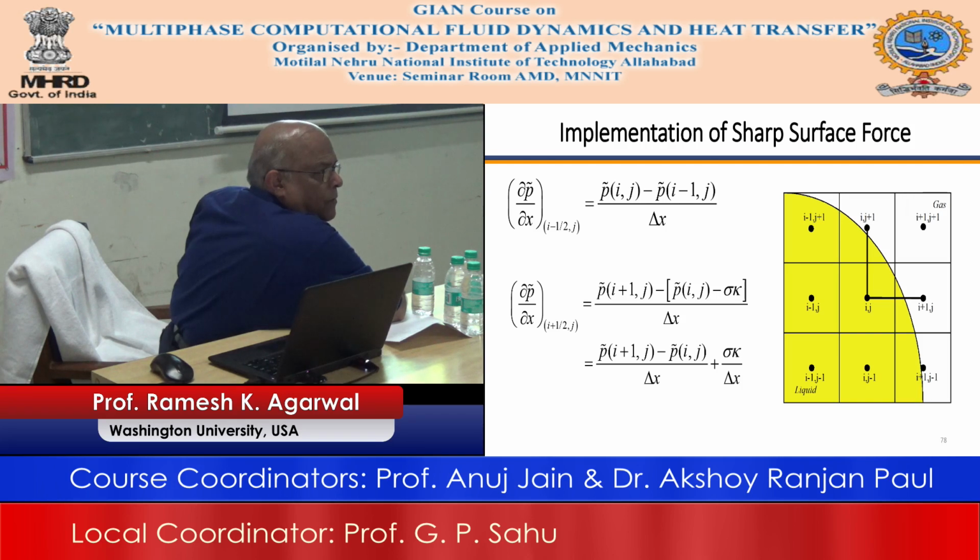Are you following me? Here to here, don't worry about it, it's standard. So, when you have this I minus plus half j, that is at this interface, no problem, ij, I minus 1j, done with it, because this is liquid. When you are going from here to here, you have this interface, you are going from liquid to the gas. What is the force that comes in?